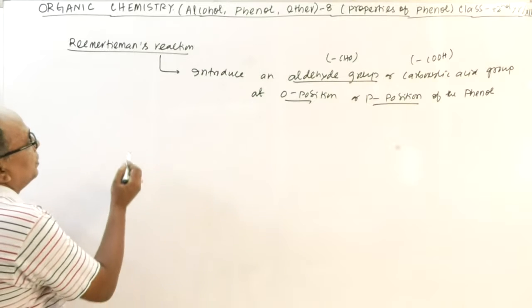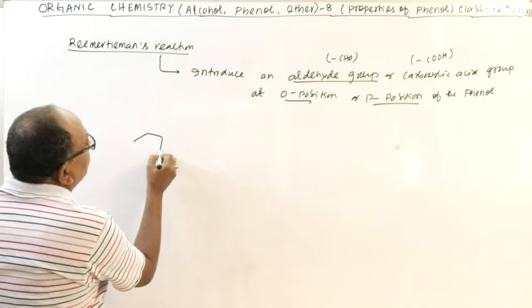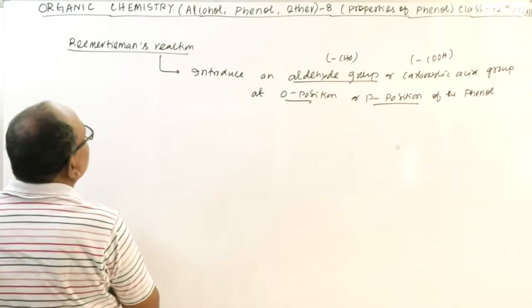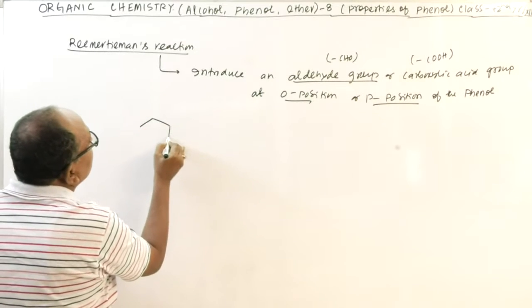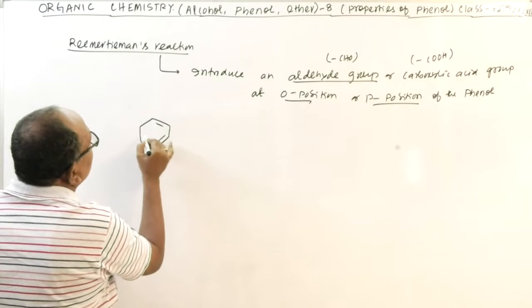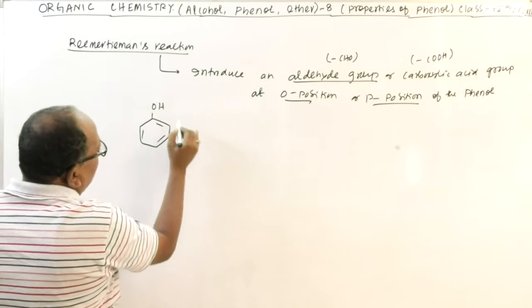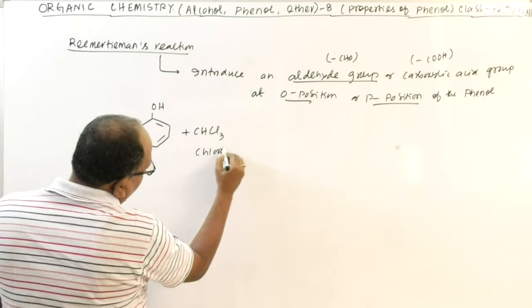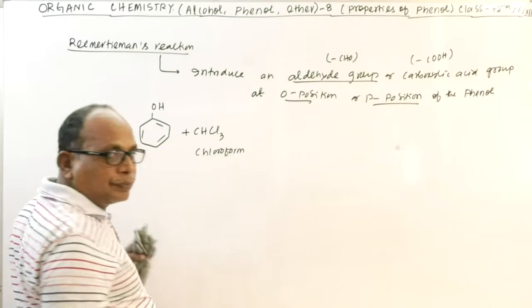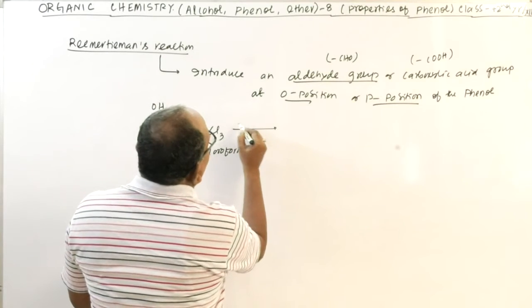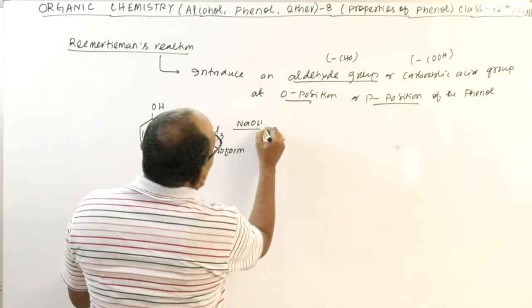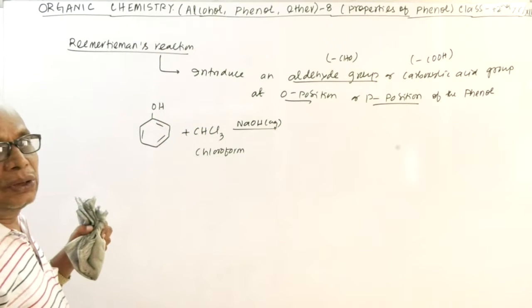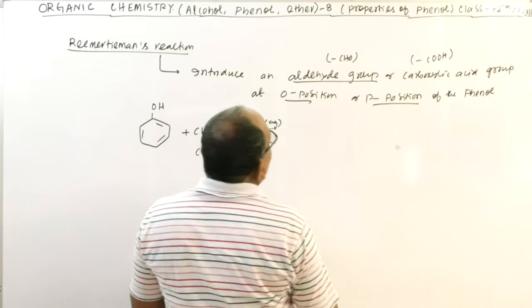Suppose you take the phenol. This is your phenol. When phenol is treated with chloroform in presence of aqueous sodium hydroxide, or you can say aqueous potassium hydroxide, any alkali, an aldehyde group is introduced.